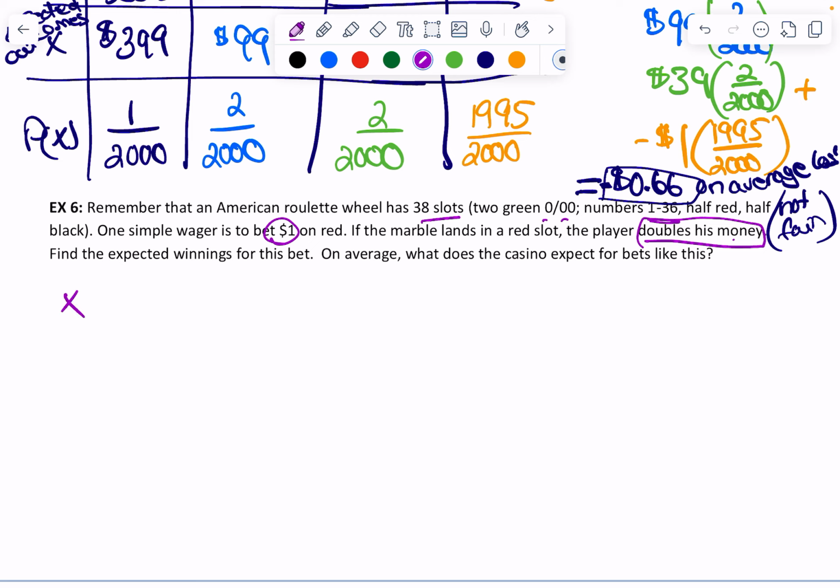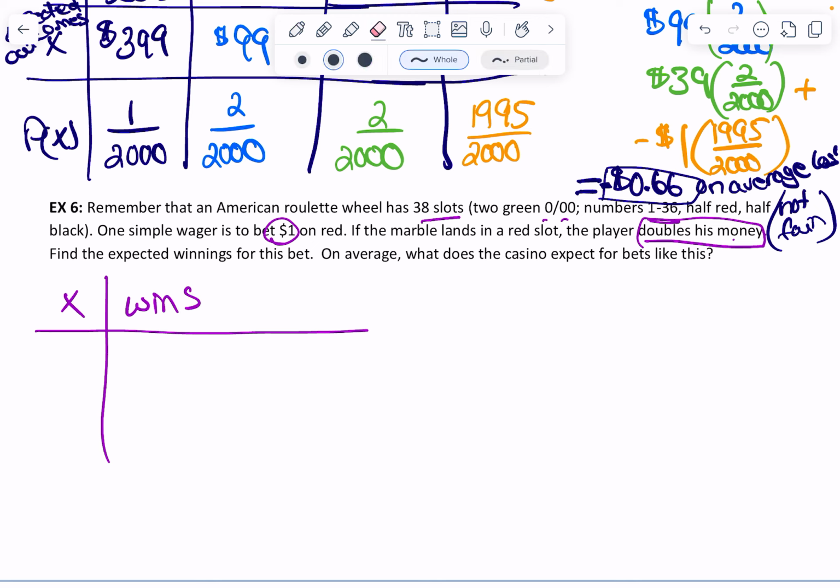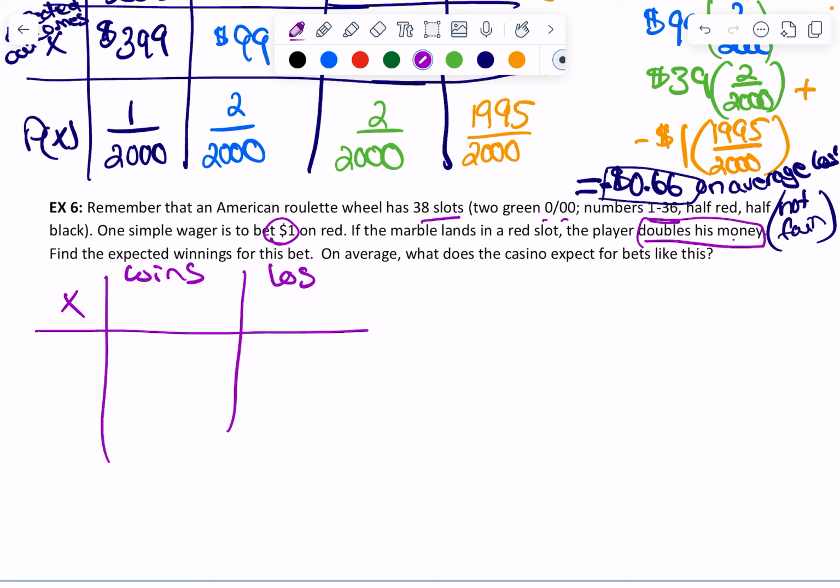Okay, so if we think about a casino, you do want to make money. So that's kind of where we are. Okay, hold on. I can't get this correct. So wins and losses. Our X is going to be you earn $2 if you win, and you lose the $1 if you don't win.